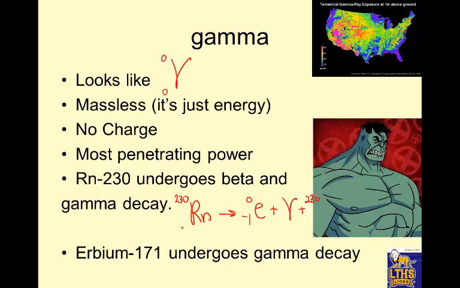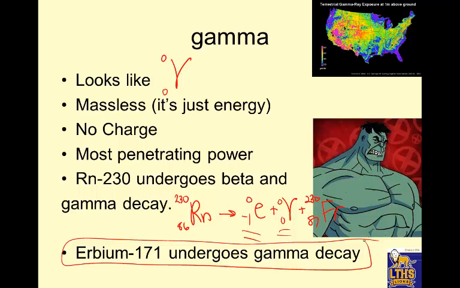This bottom number, if I could find a periodic table, would represent the atomic number of radon, which happens to be 86. So then the bottom number over here would have to be 87 because it has to equal 86. And then you look up element 87 and you find out that that is francium, Fr. All right. So how do I know this is beta and gamma? Well, there's your beta and there's your gamma. Okay. We'll save this one for class, erbium.